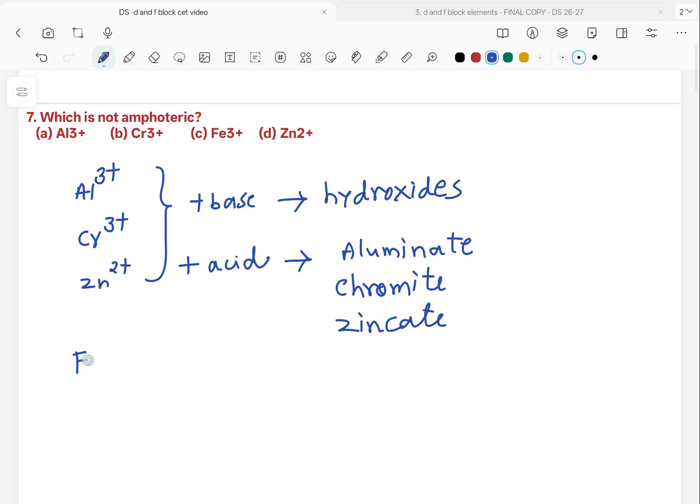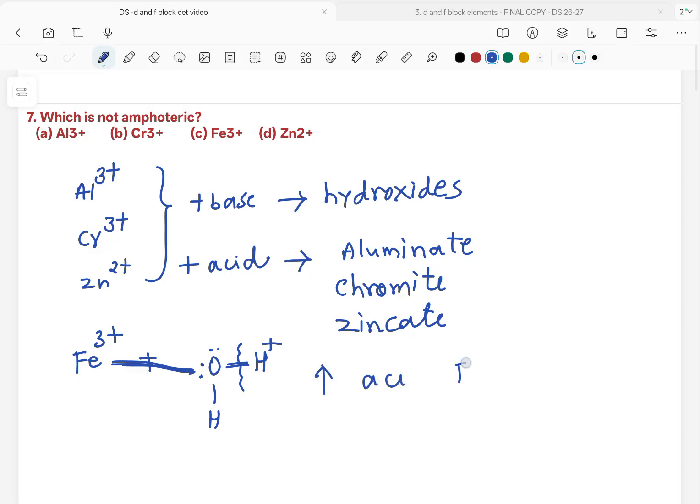Whereas Fe3 plus ion, when dissolved in water, immediately coordinates tightly with the OH of water and loosens the bond between O and H. H gets deprotonated easily as H plus ions and makes it highly acidic.